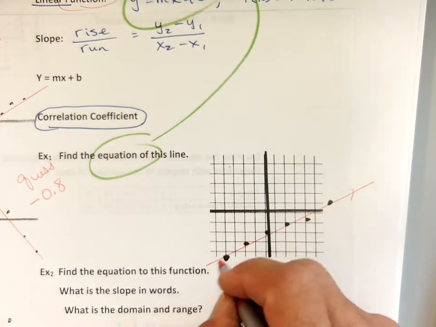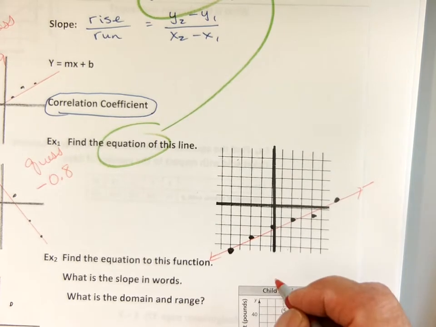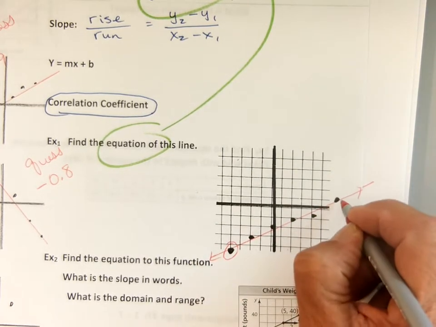I'm going to find the line, and then after I find the line, I'm going to try and find 2 points that are close to the line. Any 2 points. I think I'm going to pick maybe this point and maybe this point.